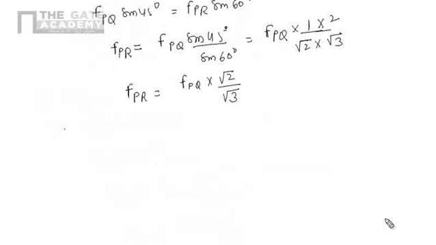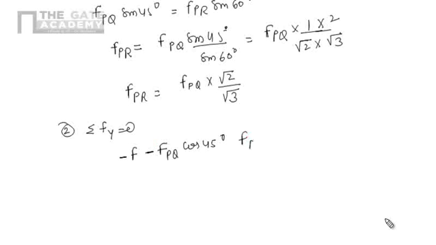Now apply condition number 2, that is, the algebraic summation of all vertical forces should be 0. In the vertical downward direction there is F, so that is negative because downward. In the downward direction, the component of FPQ, that is FPQ cos 45, downward, negative.